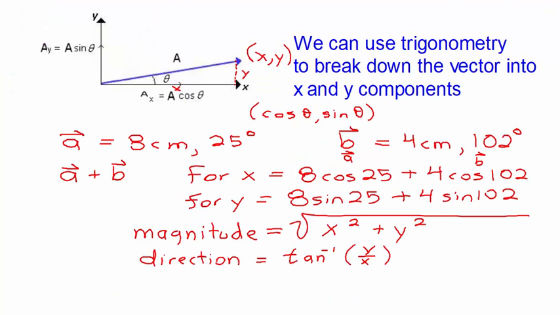Now the other way we can add and subtract vectors is by doing the trigonometry.